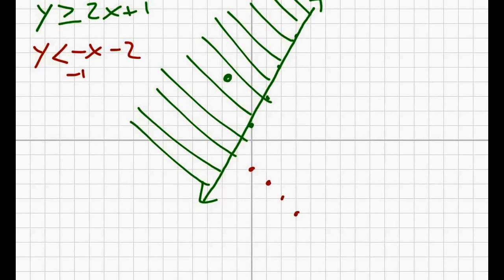Could have also gone up 1, left 1. This is less than, there's no equal to part, so this is going to be a dashed line. And less than means I'm shading below.